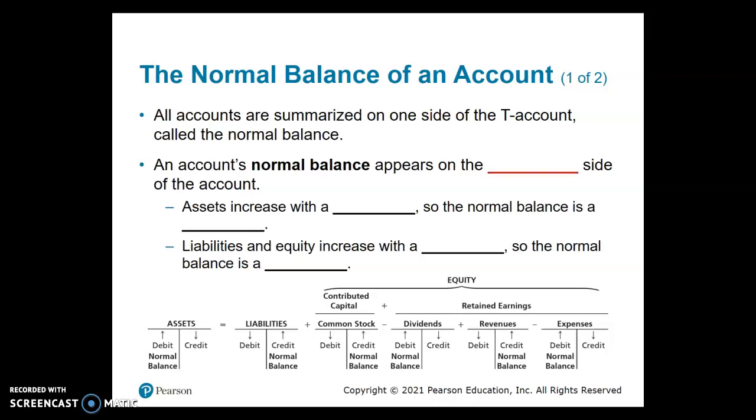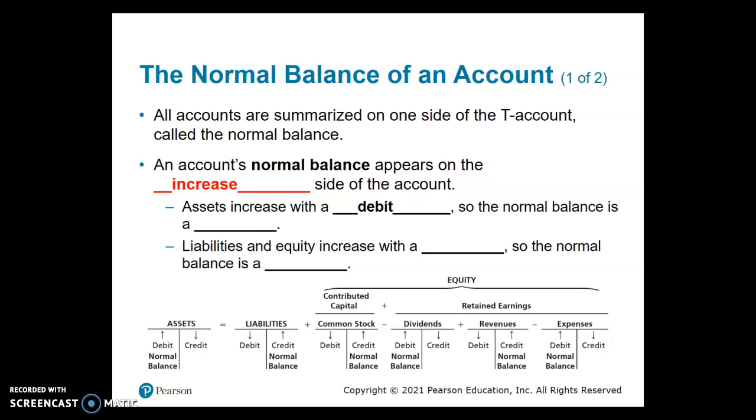All right, the normal balance of an account. All accounts are summarized on one side of the T account, called the normal balance. So an account's normal balance appears on the increase side of the account. Okay, so assets increase with a debit, so the normal balance is a debit.